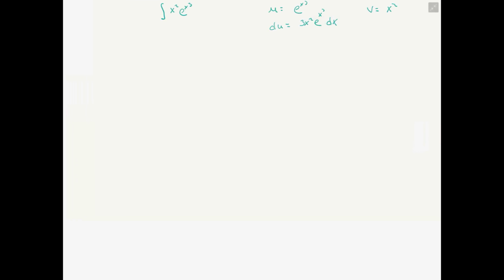All right, let's not make this too difficult. So we've got du on 3 equals x squared e to the x cubed dx, and that's what we got there. So we have basically du on 3.